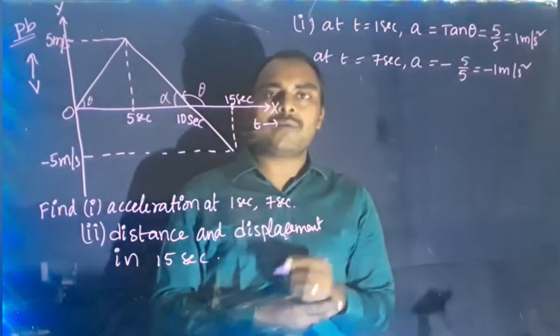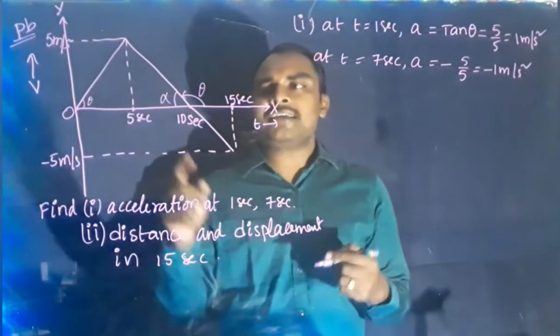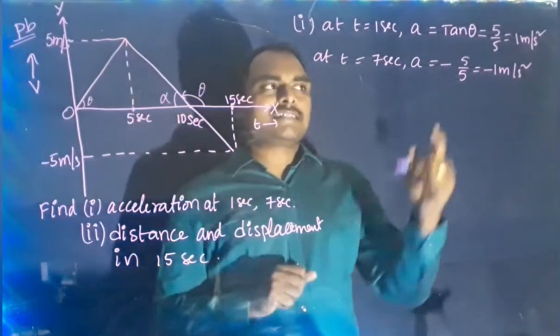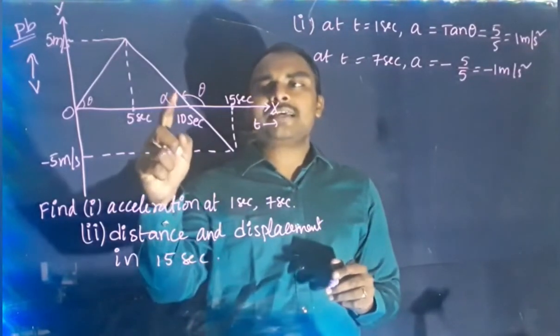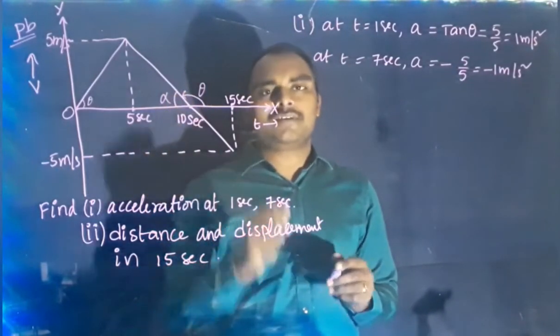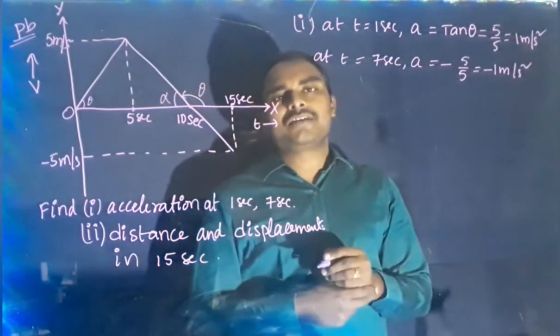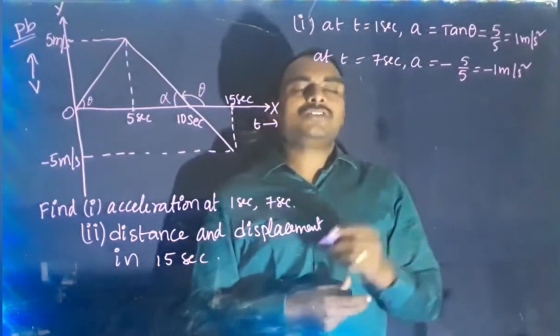So for acceleration the formula is tan theta, and we need this angle, but we are taking alpha. Tan alpha equals opposite by adjacent, 5 by 5, 1. But here we don't want alpha, we want theta. So alpha can be written as 180 minus theta, so a minus will come. So acceleration is negative.